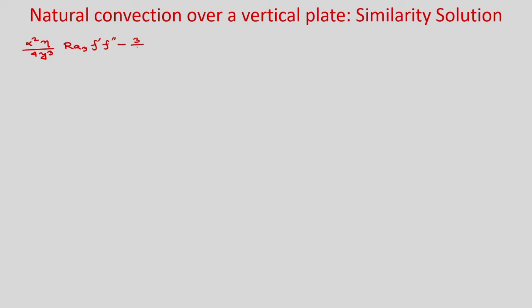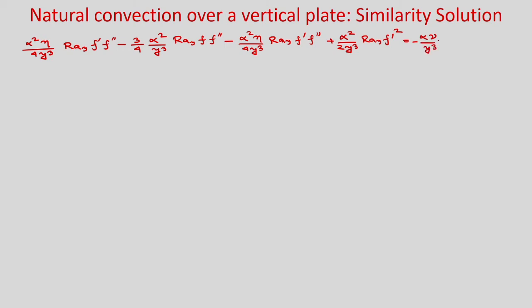So, after multiplication we are writing these terms alpha square by y cube Rayleigh number f f double prime, then we have minus alpha square eta by 4 y cube Rayleigh number f prime f double prime, then we have plus alpha square by 2 y cube Rayleigh number f prime square, then we have the viscous term minus alpha nu by y cube Rayleigh number f triple prime, and we have alpha nu by y cube Rayleigh number into theta.